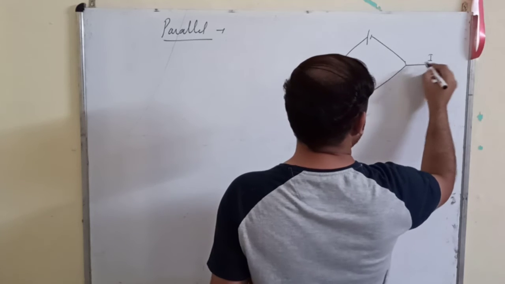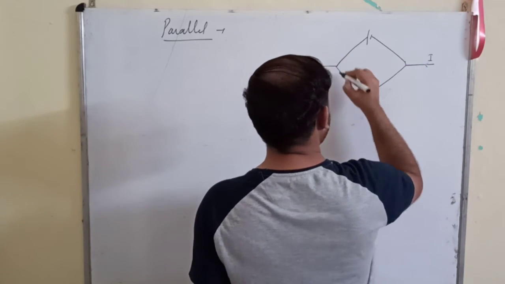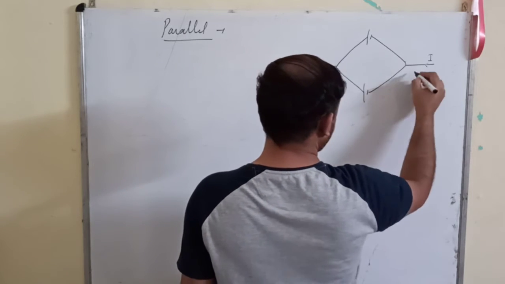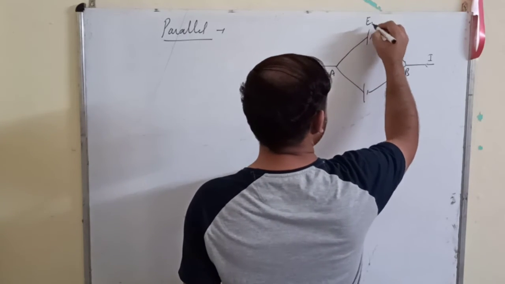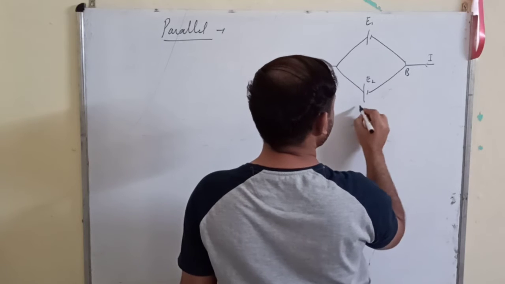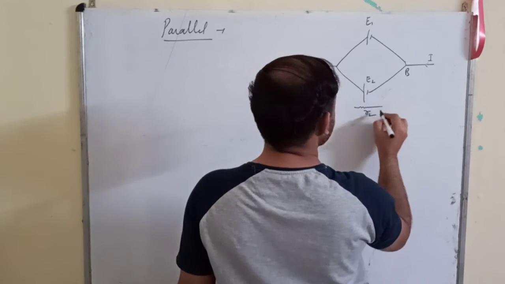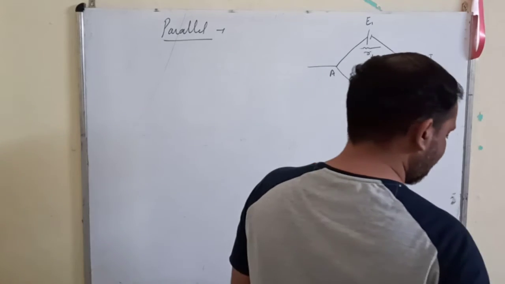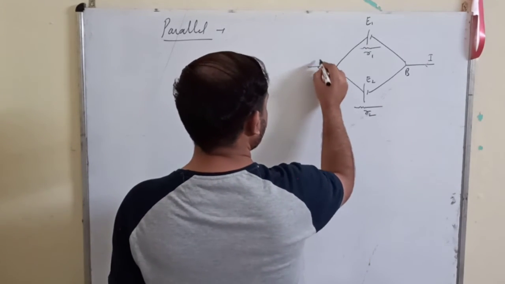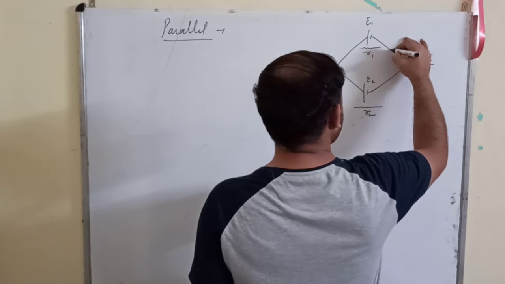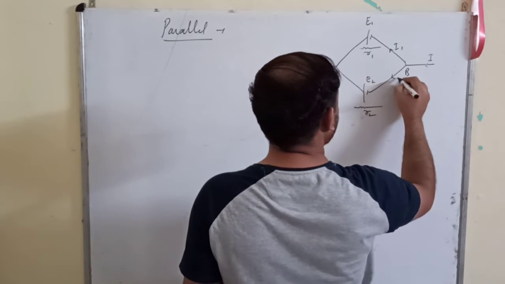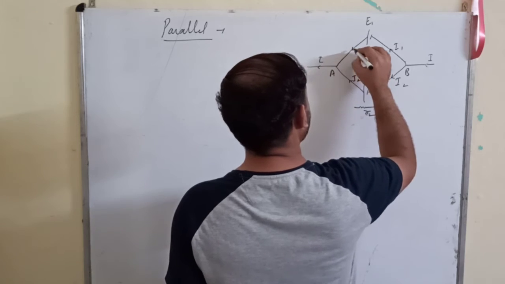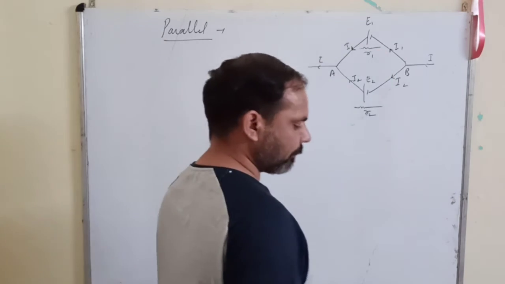Suppose a current I, and let us name these two points as A and B, and let us suppose that this is E1, this is E2, internal resistance is R1, internal resistance is R2, and the same current I comes here, division of current is taking place, I1 and I2.